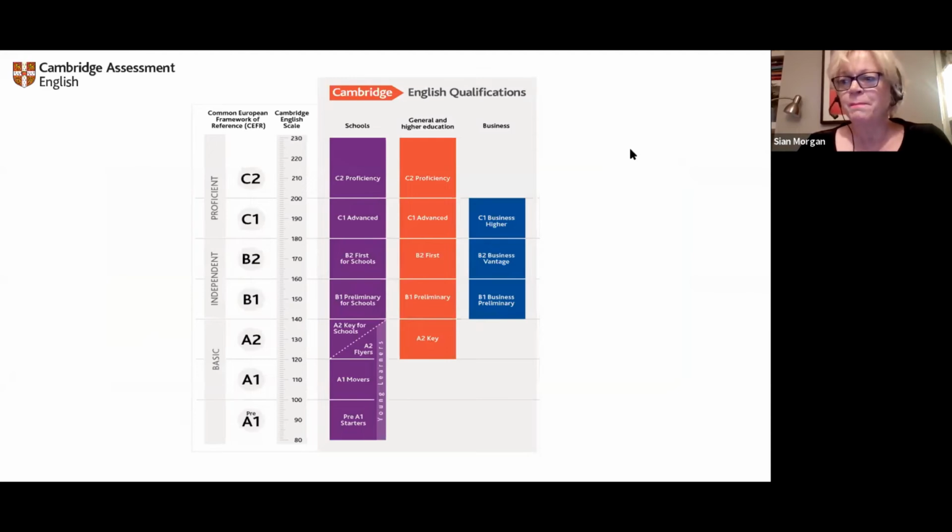And each exam is closely aligned to one level of the CEFR, as you can see in the left-hand column, but they're also aligned to the levels above and below in terms of how they are structured. And we saw this in the previous examples where the A2 and C1 speaking tests have a similar format, but are graded in difficulty in terms of what the learners have to do with the language.